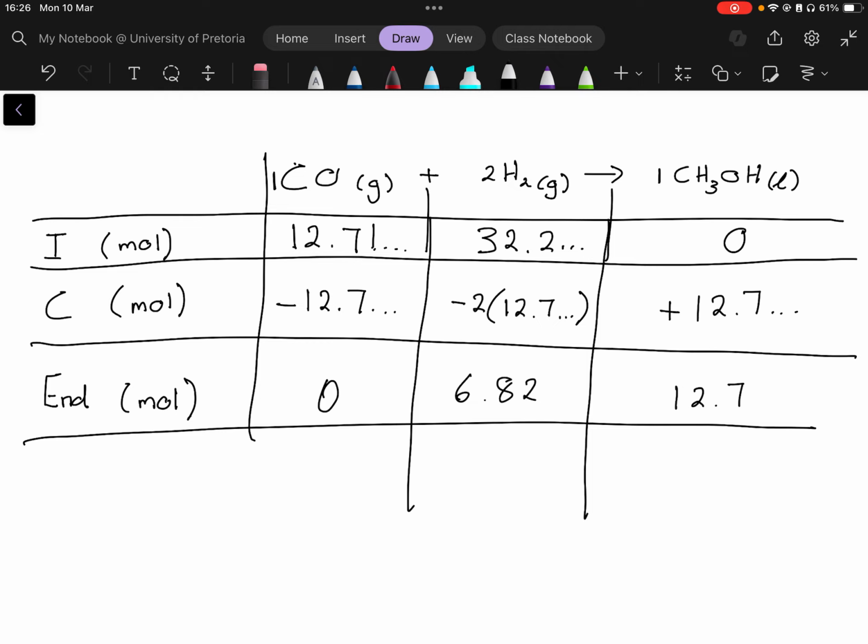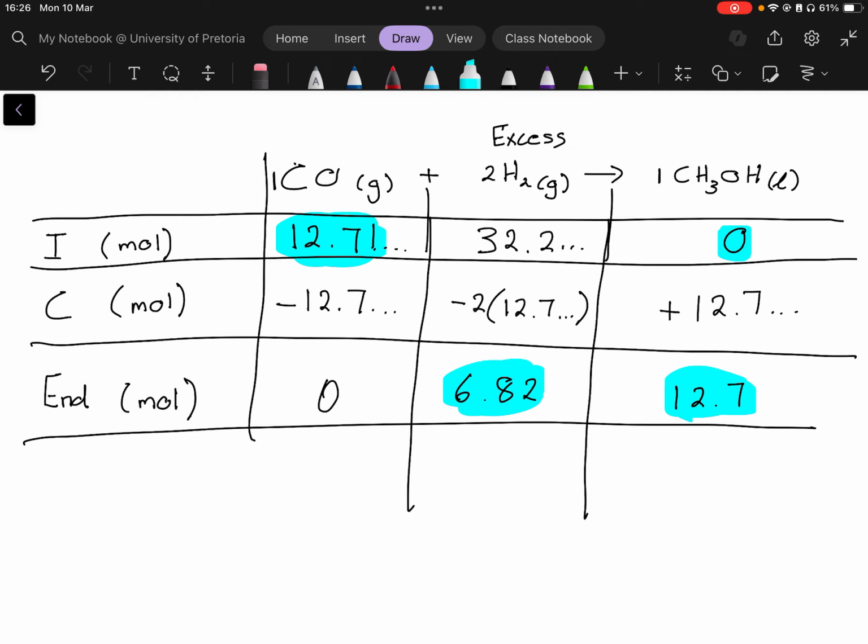The other reagent, there's too much of it, so it's in excess. That's what we call excess. So there remains a bit of it left after the reaction. And your product started out, in this case, as 0. Sometimes there could be some product, but it started out at 0, and it was dictated by the amount of the limiting reagent.